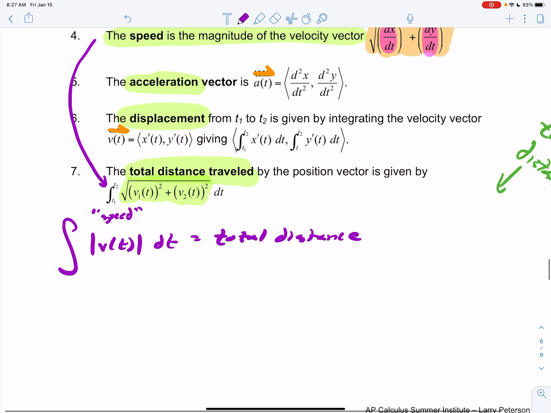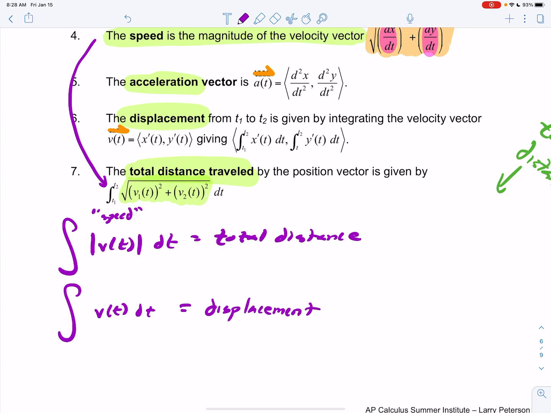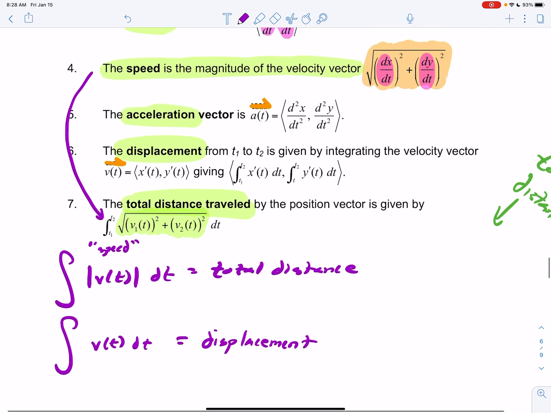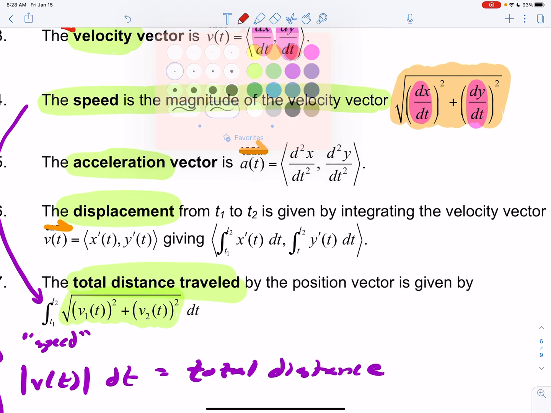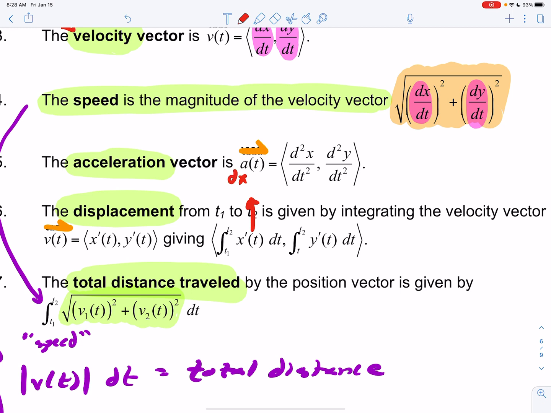Now, what would happen if you were to just integrate v, which is velocity, right? When you integrate velocity, you're just going to get displacement because you do care about the direction, okay? When you don't care about the direction, you're talking about distance. When you do care about direction, you're talking about velocity and displacement here, okay? So if you take a look at displacement, we're just integrating x prime of t, and x prime of t is really just dx over dt. Notice how there's no absolute value bars there, right? So we know it's not going to be total distance.